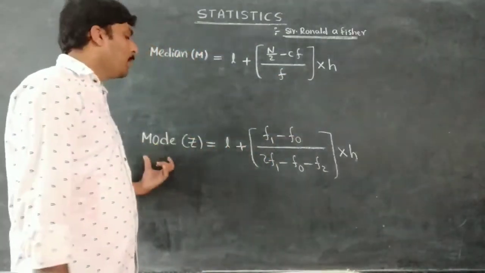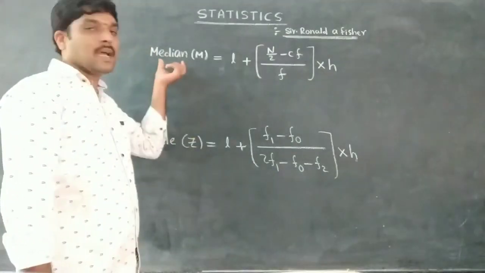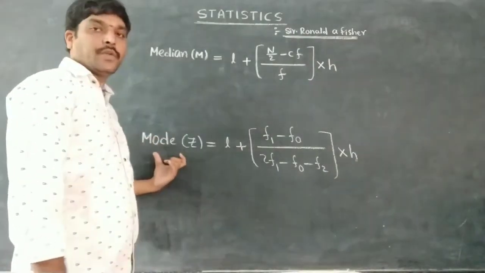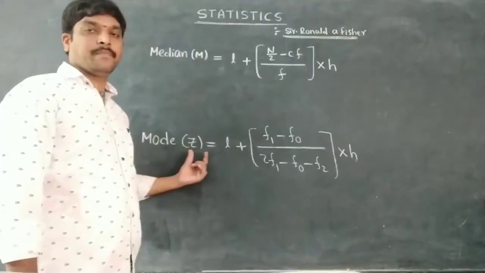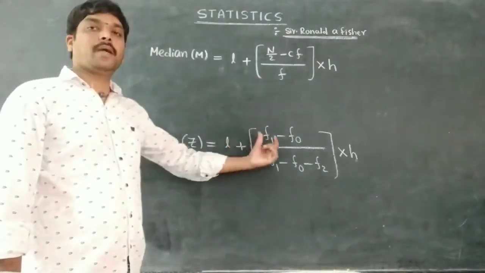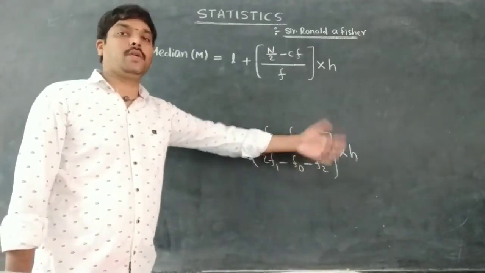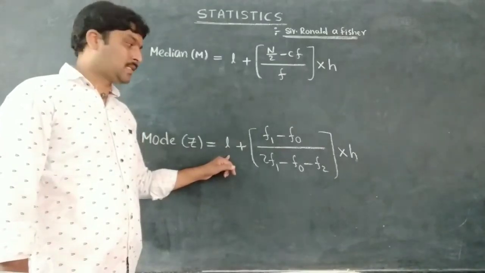Okay, next, mode. The most frequently occurring value is called mode. Mode is denoted by Z. Formula: L plus (F1 minus F0) by (2F1 minus F0 minus F2), into H. Here L is the lower boundary of the modal class.